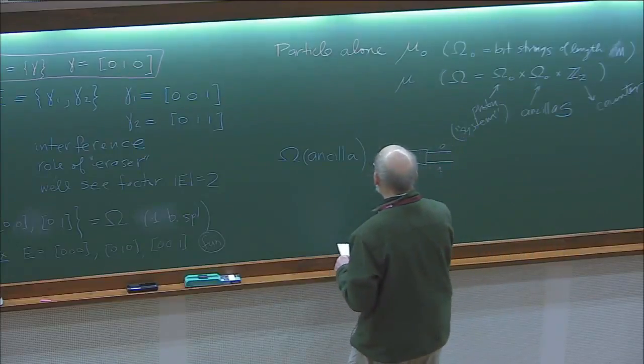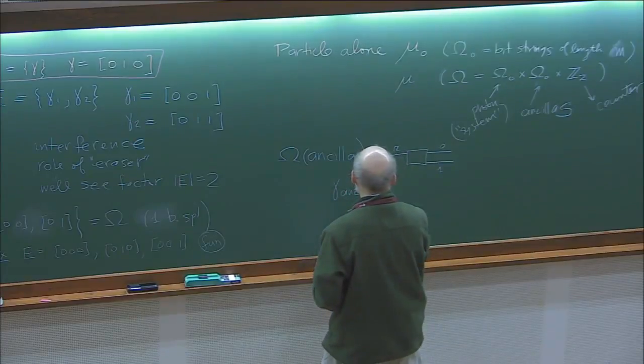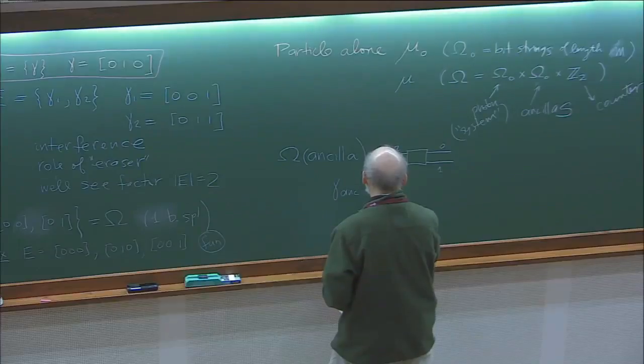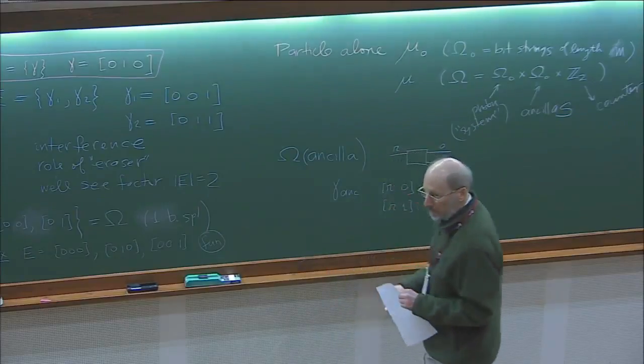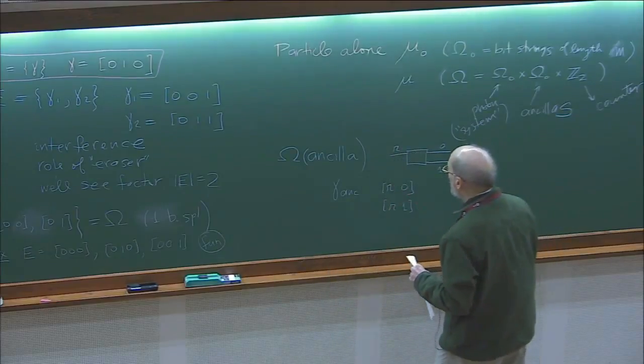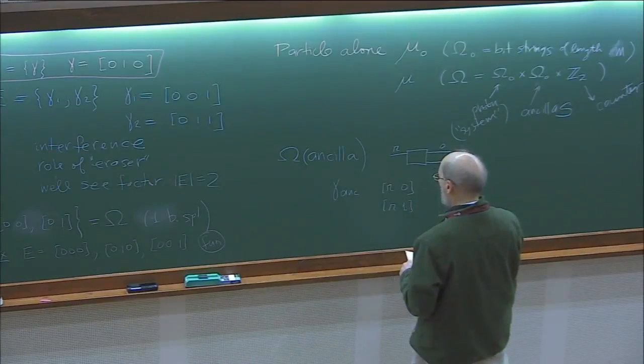So a particular ancilla history only has one of 2 possibilities. It's either R0 or R1. That's all the history can be. And then, I don't know a good notation.